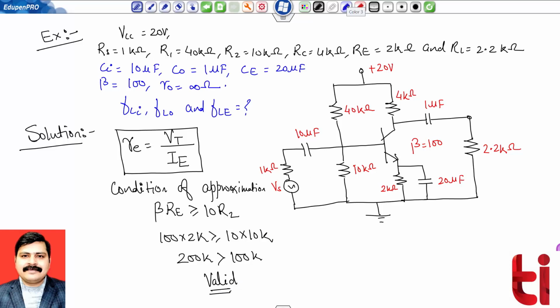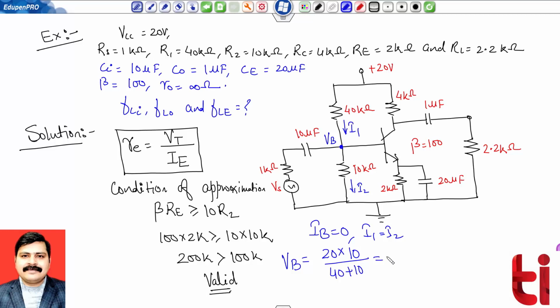And what my approximate analysis says is that my DC current IB will be equal to 0. Okay, and the two series currents, I1 and I2, these two will be equal. And I am interested to find the base voltage VB. This can be calculated from the voltage division rule. VB equals 20, the overall voltage, multiplied by the resistance across which we want to find, so it is across resistance R2, that means 10 divided by 40 plus 10.